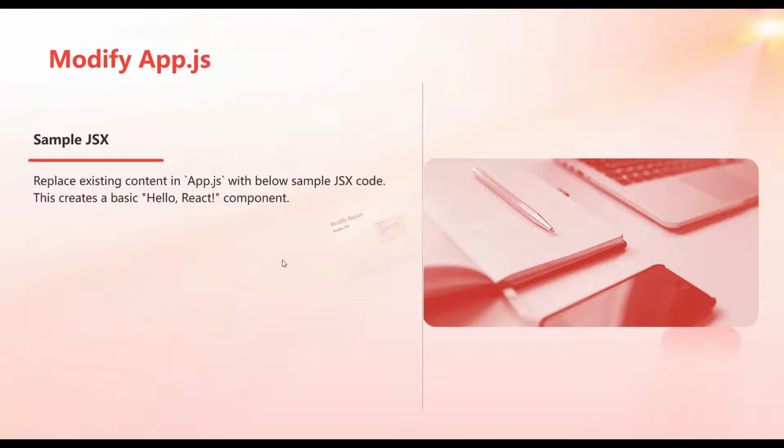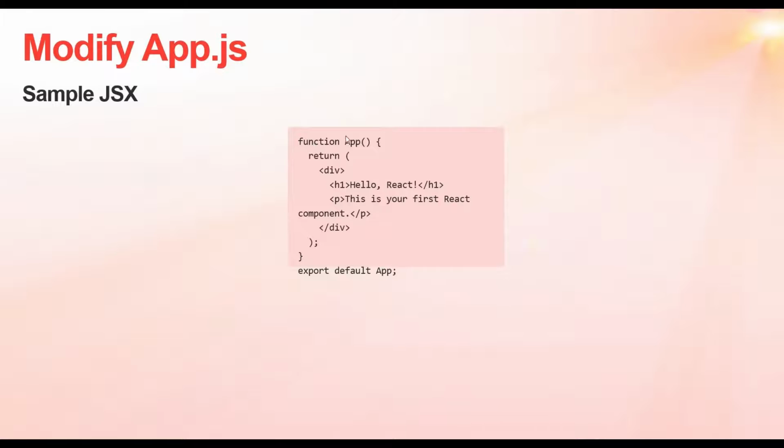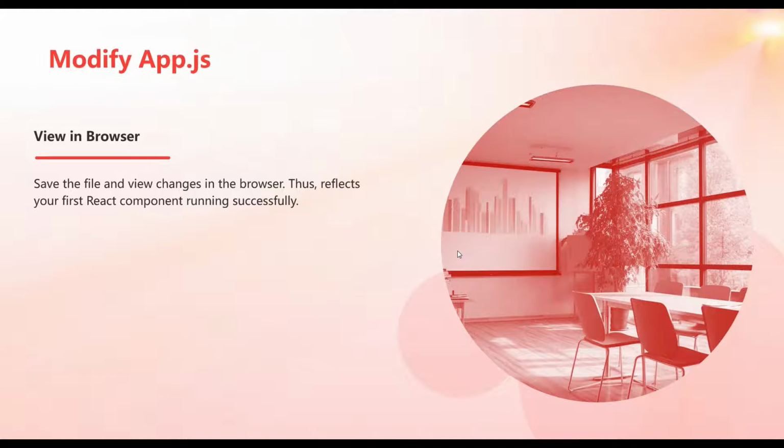Under this div we write hello react, this is your first react component. So this is a sample JSX file, and then we can run it in the browser. After saving the file, view the changes in the browser, and it will reflect our first react component running successfully. So this is all about this one.